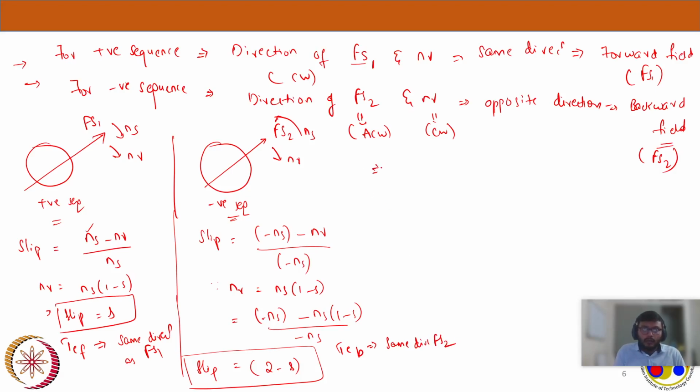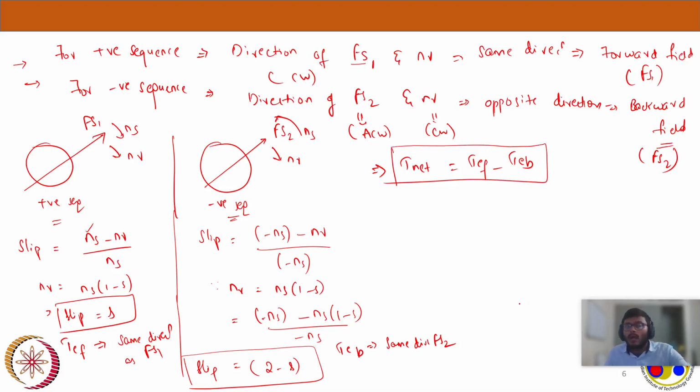Now, to find the net torque, T net, this is in the forward direction, and this will be in the opposite direction. We will take the difference of those two, TEF minus TEB.